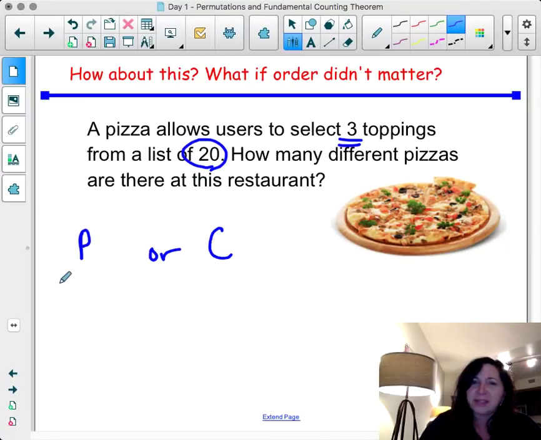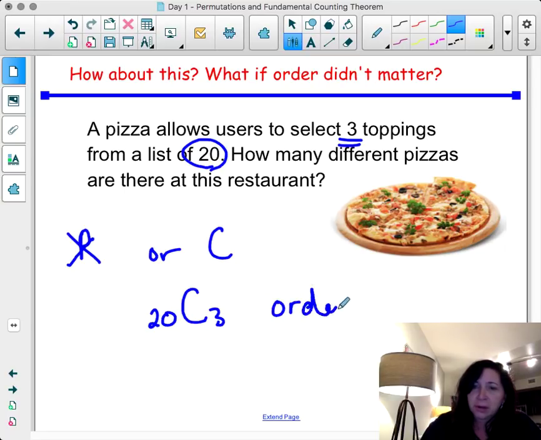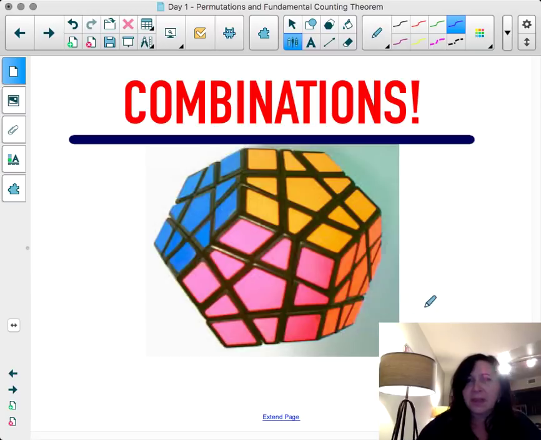So basically at this point, we have to decide, what if order didn't matter? Then I'd actually have 20 combinations of 3 and not 20 permutations of 3. And we use this when order doesn't matter. We use what's called a combination. And they're slightly different in that now we have combinations. Order doesn't matter.